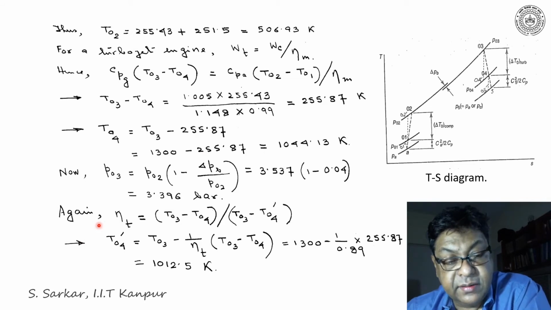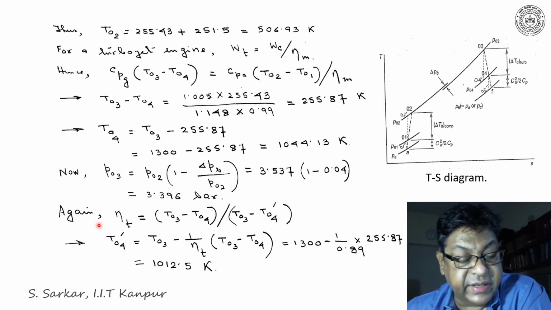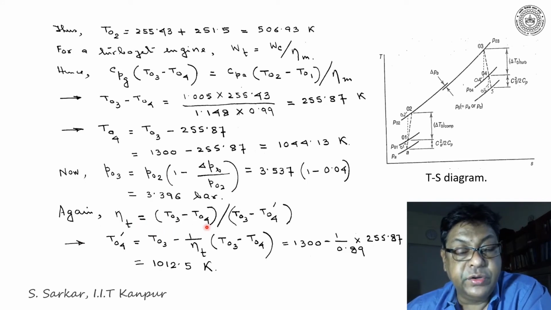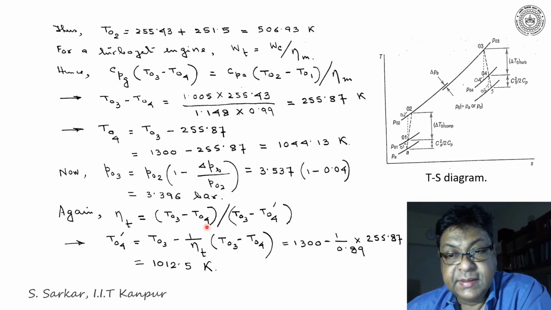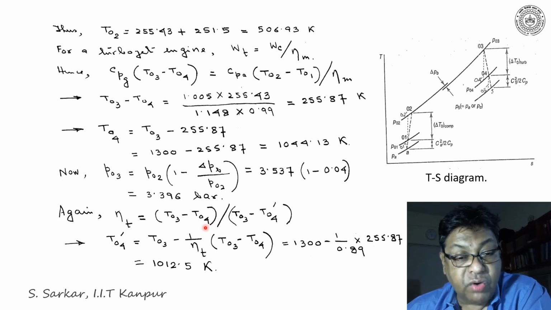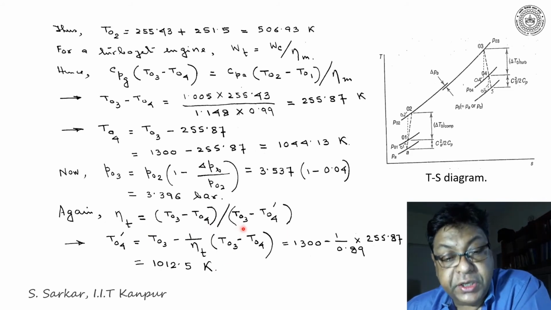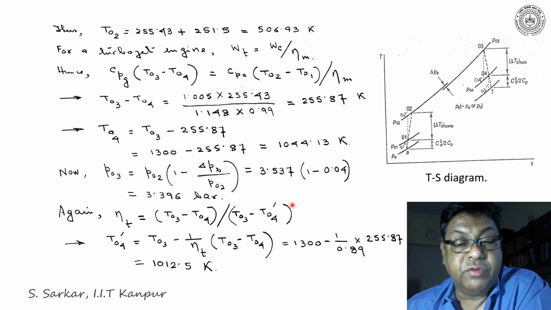Now, eta T, the turbine isentropic efficiency, can be stated as T03 minus T04, that is the actual temperature drop, divided by the isentropic temperature drop. It should be T03 minus T04 dash.